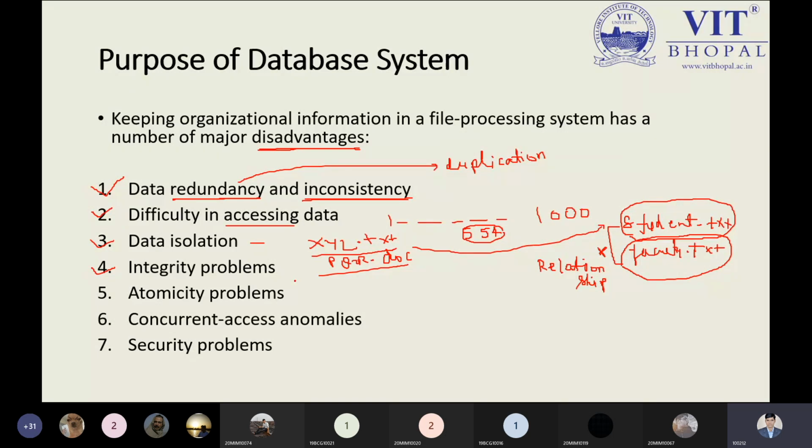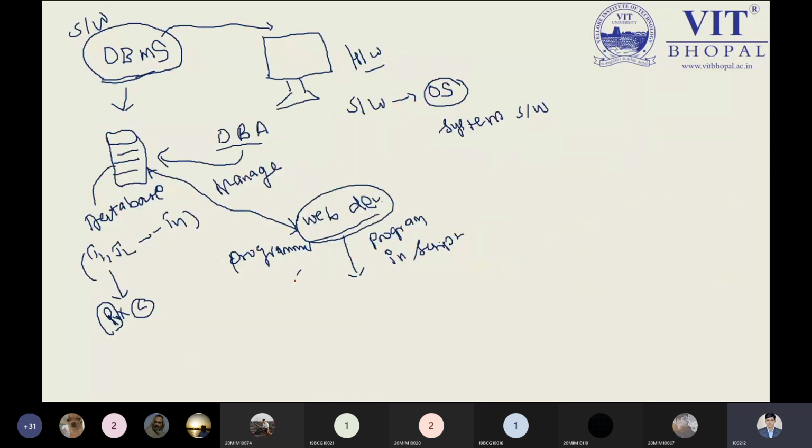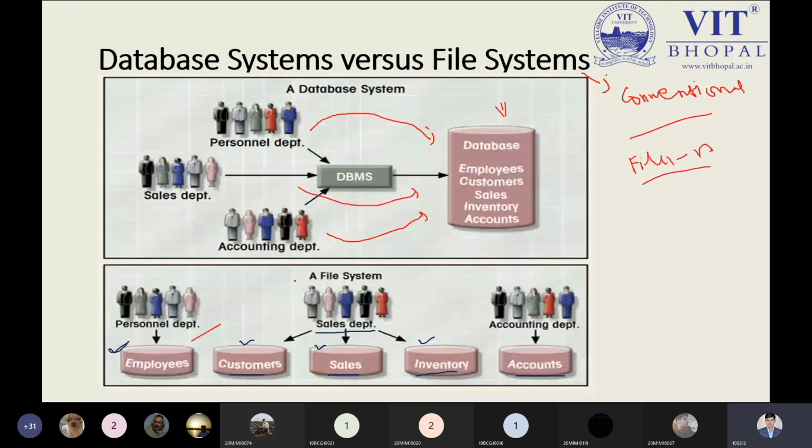Just like employee and customer account, there is no communication between the employee and account. So there is no integration between the employee and account file systems. That is my point. Integrity is telling us there should be a linkage, a relationship between the databases if they are following the database management system.